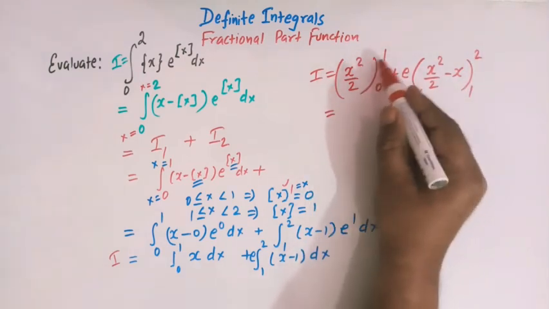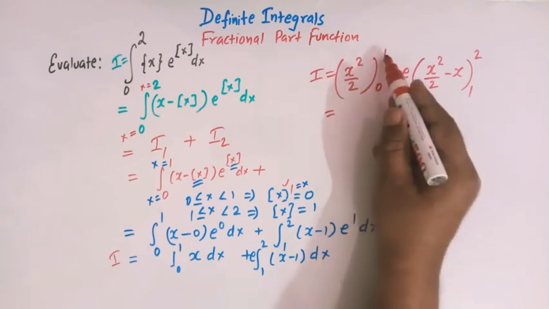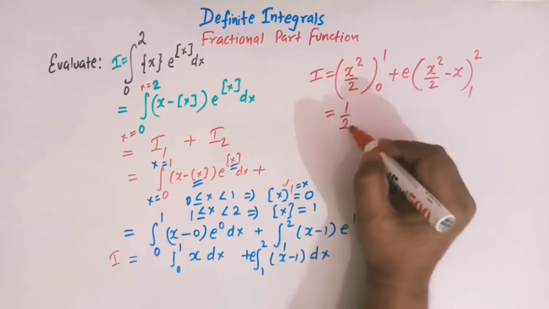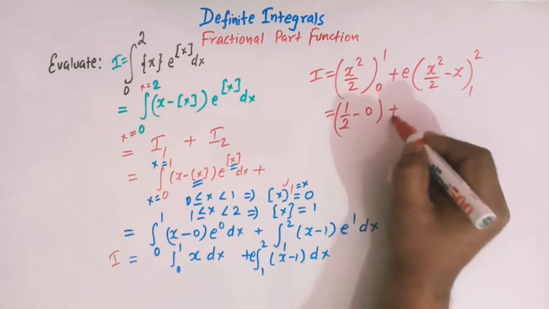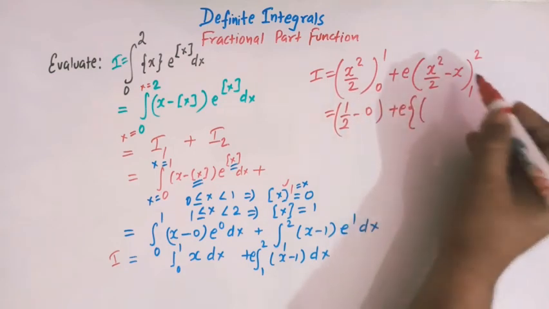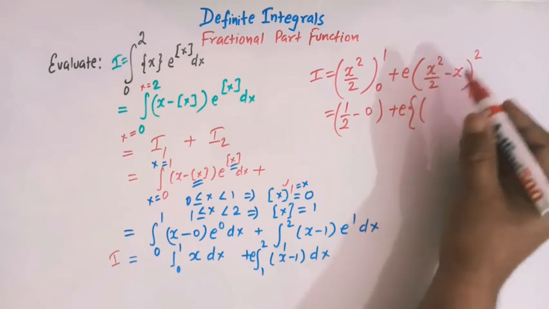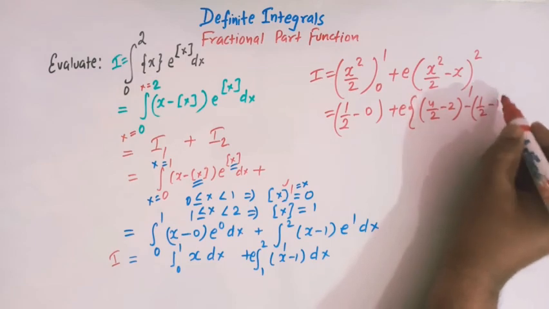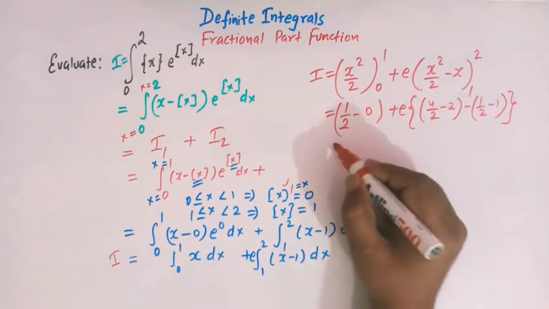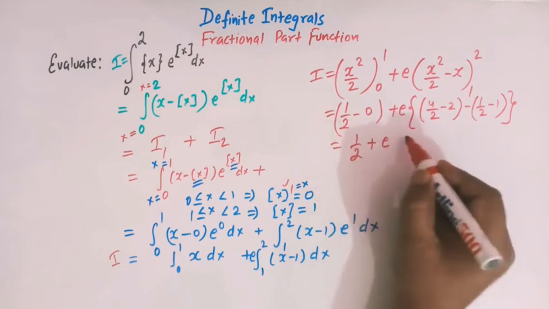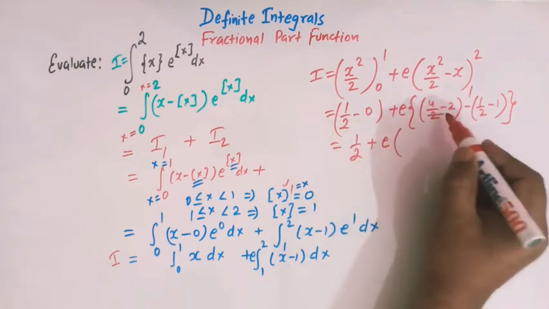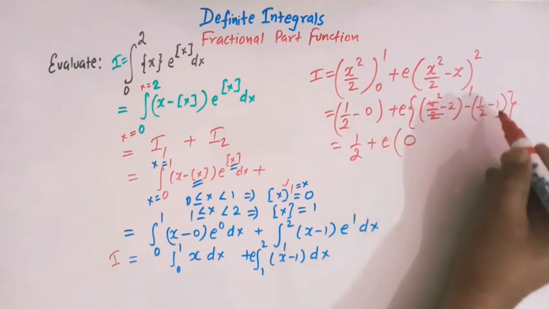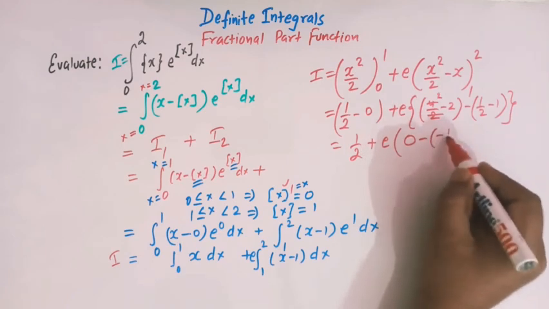Now we simply substitute the limits and take the difference. For x equals 1 we have 1 square over 2 minus 0, which is half, and with e, when we take 2 we have 4 over 2 minus 2, which is 0, minus 1 over 2 minus 1, which is minus half.